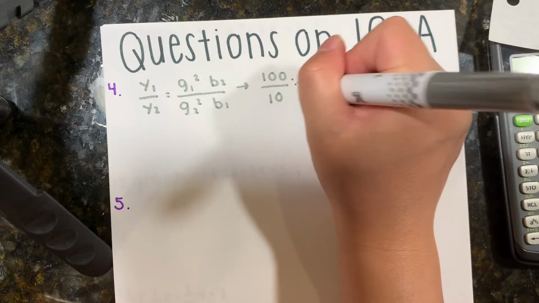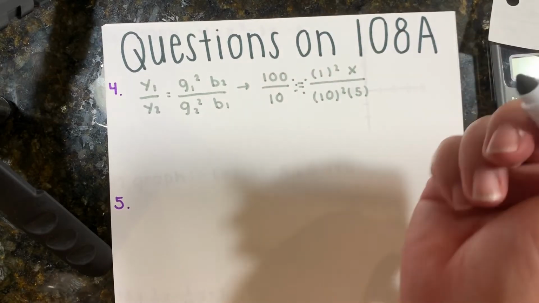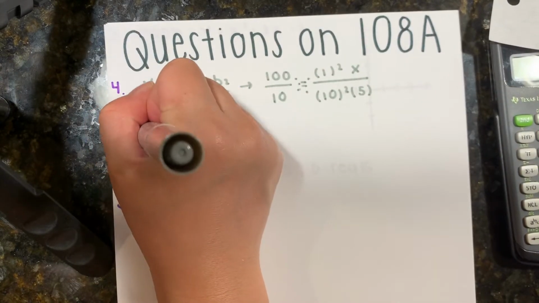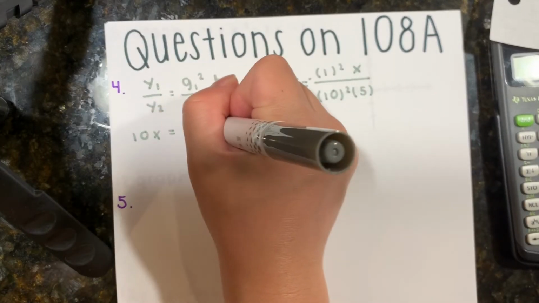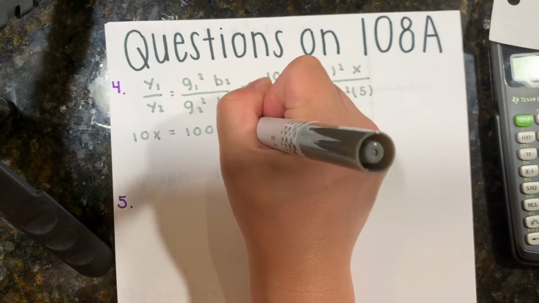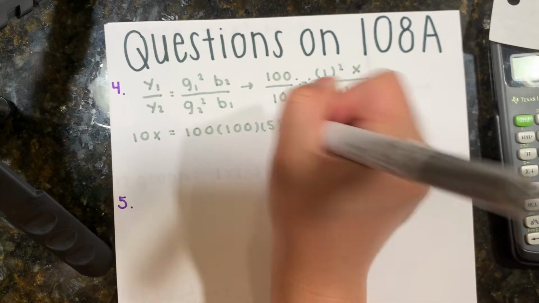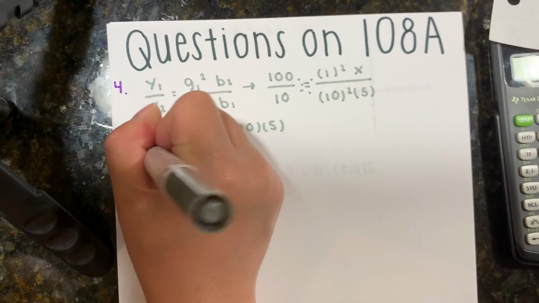So we're going to cross multiply. I'm going to have 10 times 1, which is just going to be 10x equals 100 times 100 times 5. Divide both sides by 10.